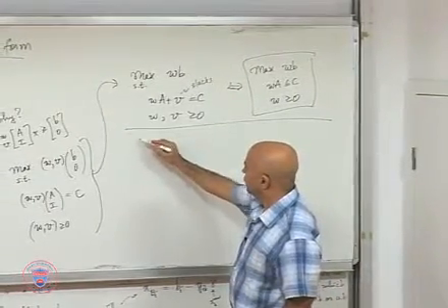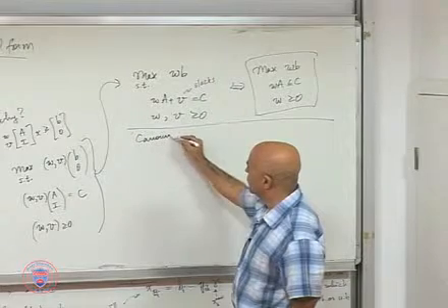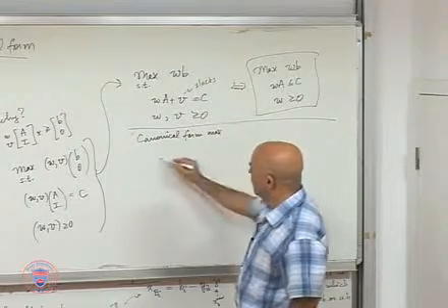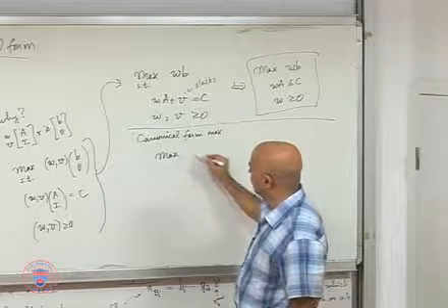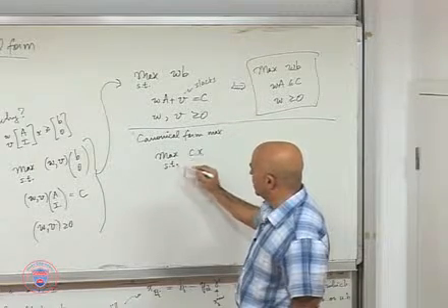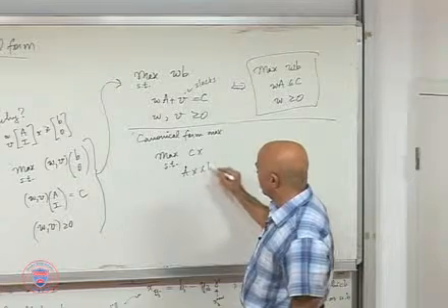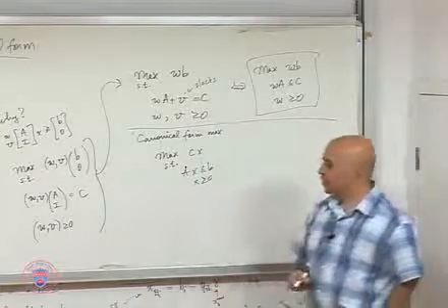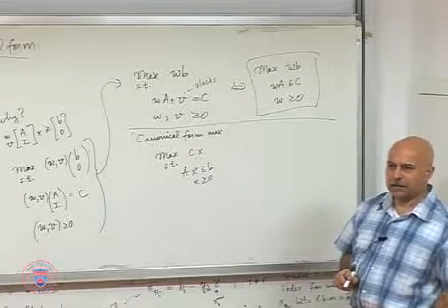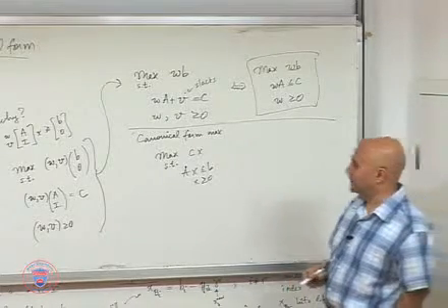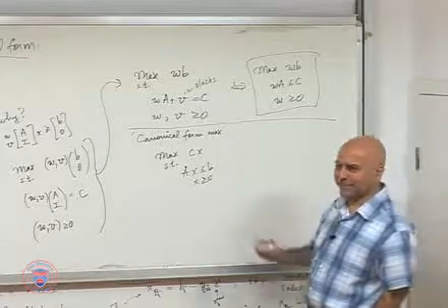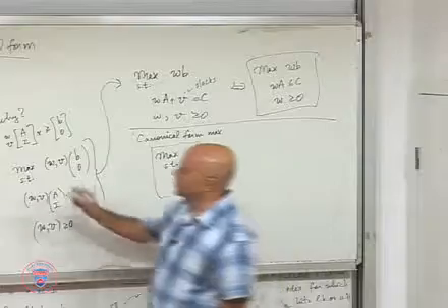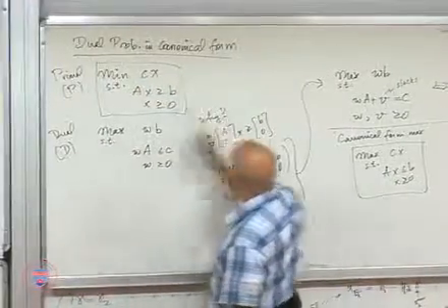And canonical form maximization is just a maximization problem, Cx subject to Ax less than or equal to b with x greater than or equal to 0. I must have given you these at the beginning of the course. Did I give them? Okay, yeah, I remember all of a sudden. So that's the canonical form maximization. This is the canonical form minimization.